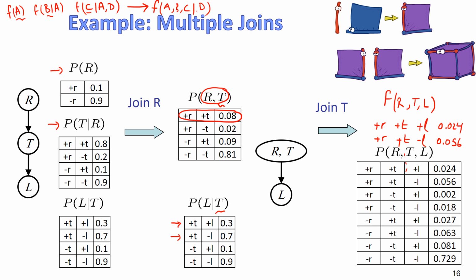The main question remains, which is how we will do the join. We know that the factor eventually will be A, B, C given D, but how will we do the join? Do the join one step at a time. So you can join these 2 first, and then the result, join it with the third one. And that will give you this factor. Doesn't matter the order, by the way. You can join these first and then join the result with that.